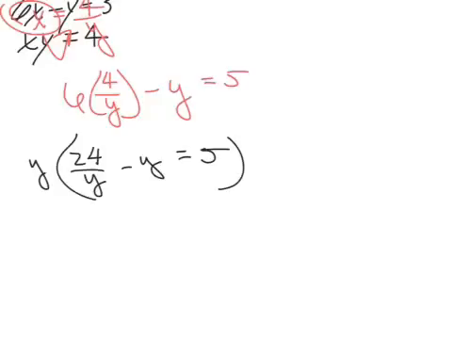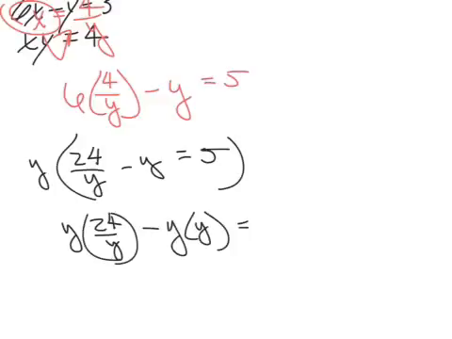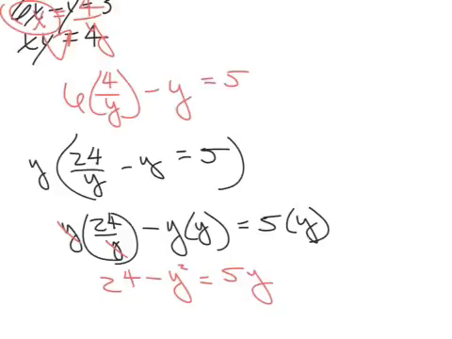Finding common denominators wouldn't get rid of the fraction. So we do that, and we get y times 24 over y minus y times y equals 5 times y. Okay, so what happens here? That cancels with that, and I'm left with 24 minus y squared equals 5y.